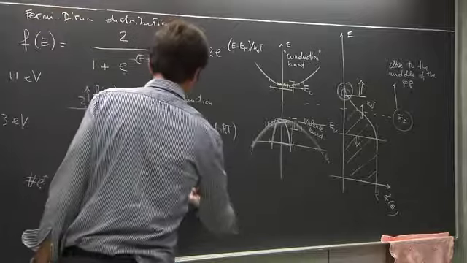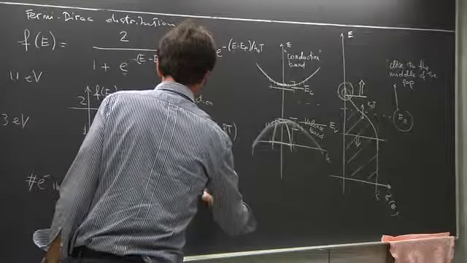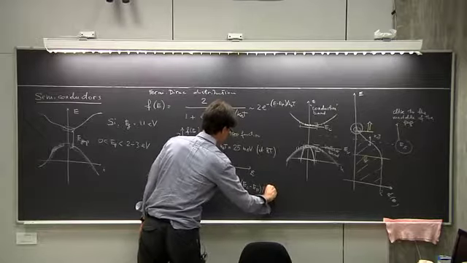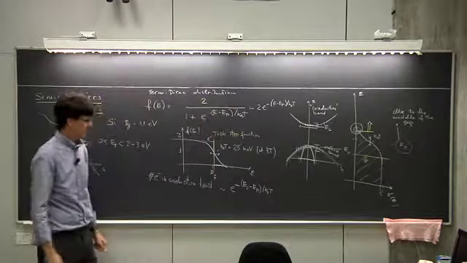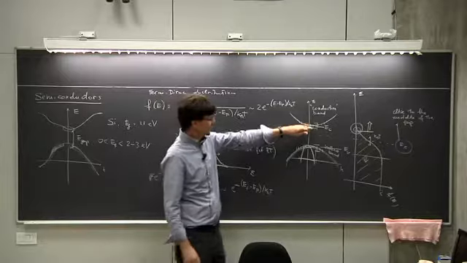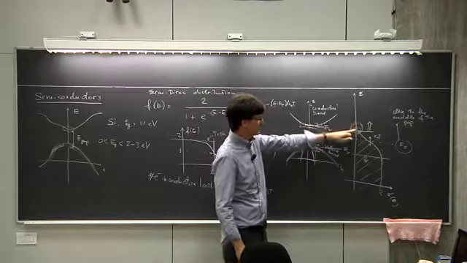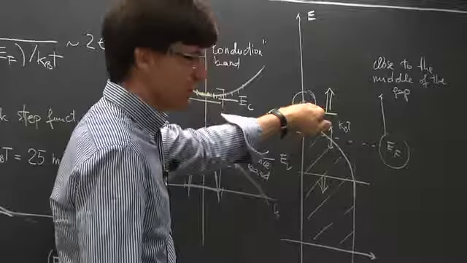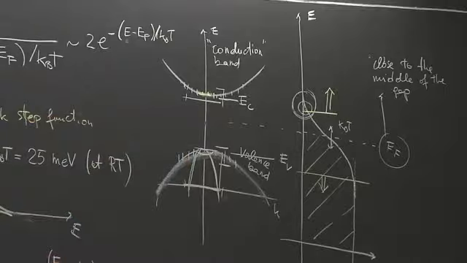So this is EC minus EF over KBT, right? I replaced a generic energy with the energy of the bottom of the conduction band, because after that it's going to decay exponentially. So they will be mostly located at the bottom of the conduction band.